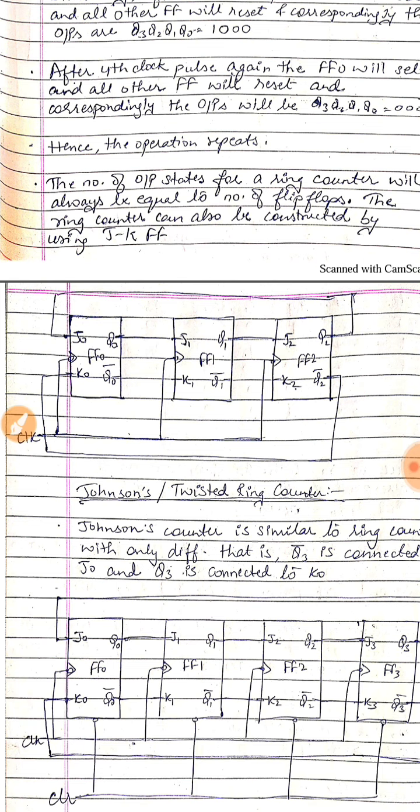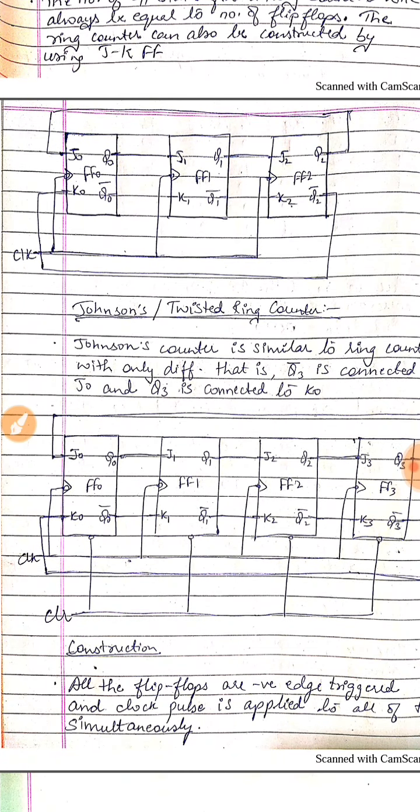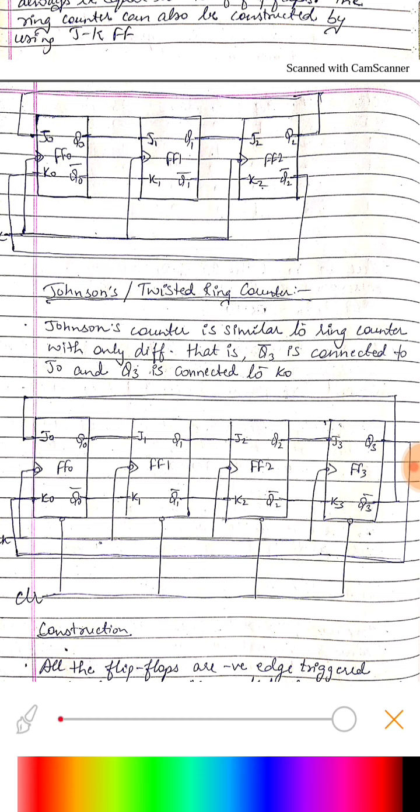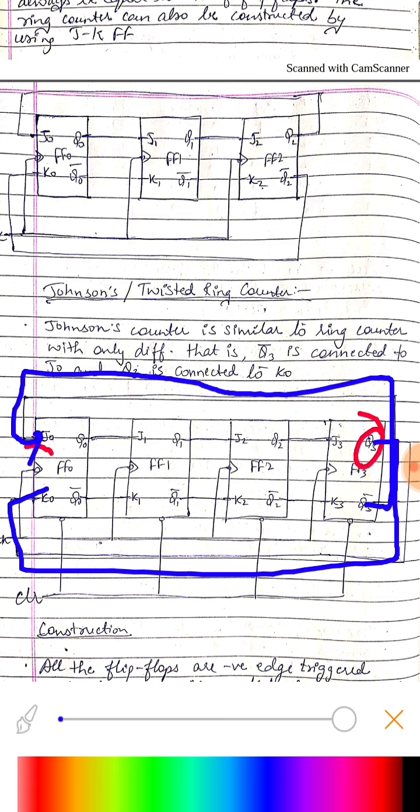So now the next is the Johnson or twisted ring counter. It is similar to a ring counter, but the difference is in the designing only. Look here, as we have seen, the output should be fed to the input of the first flip flop. Here, instead of Q3, I have fed Q3 bar, the complement of Q3, to J0 and the Q3 to K0.